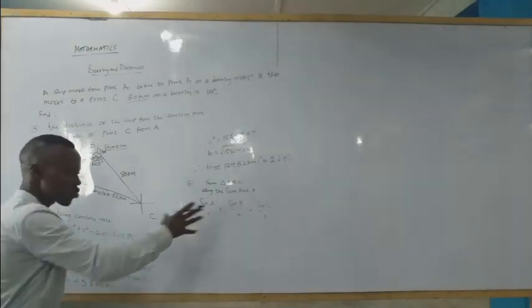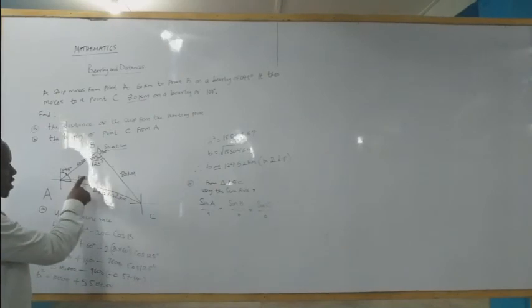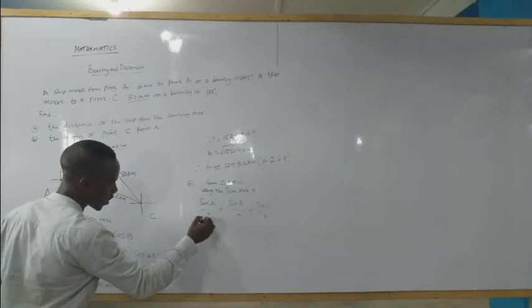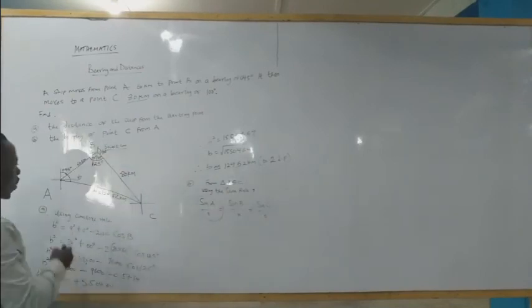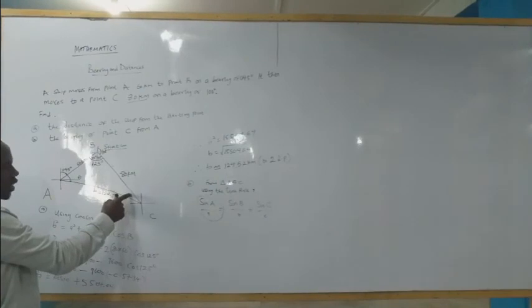So I have to choose 2 which relate to what we want to do. This is theta, we are looking for theta, so I have to use sine A. And then this is what we are given. We don't know the angle for this, so we can't take this.